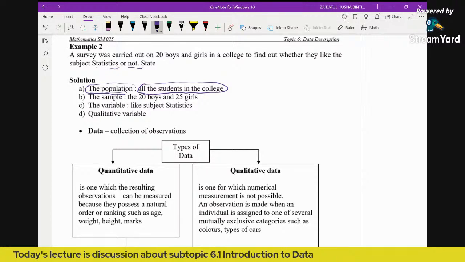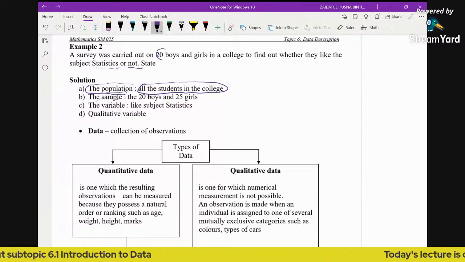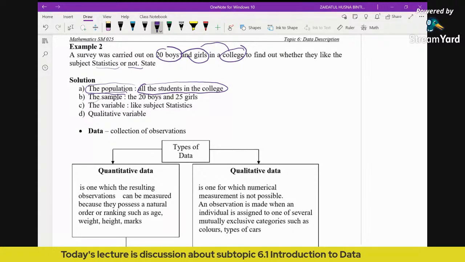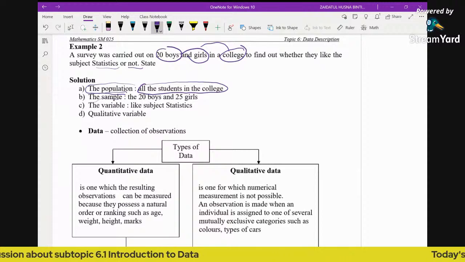And then the sample is only the 20 boys and 25 girls. These boys and girls come from the whole population of college students, right? So that's why the population is all the students in the college, while the sample is the 20 boys and 25 girls.